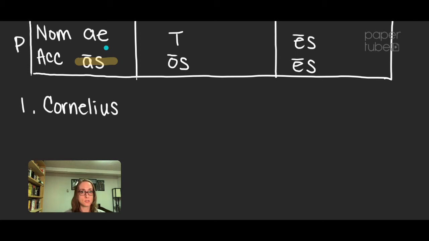First declension accusative plural is AS. So I'm going to make the adjective and the noun agree. They always have to agree. Cornelius multas epistulas.